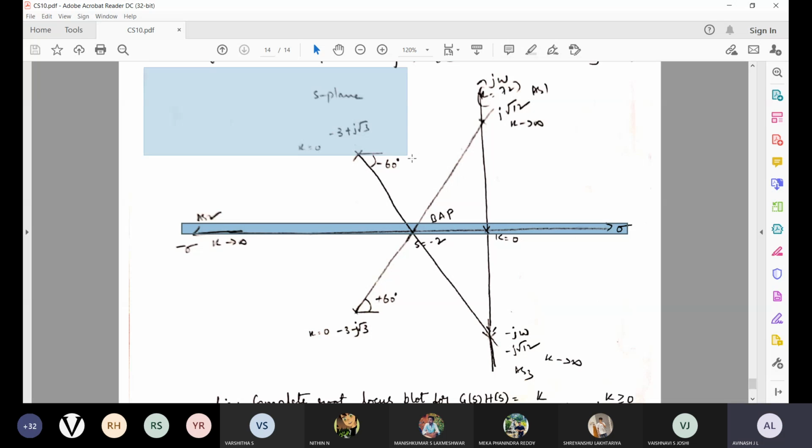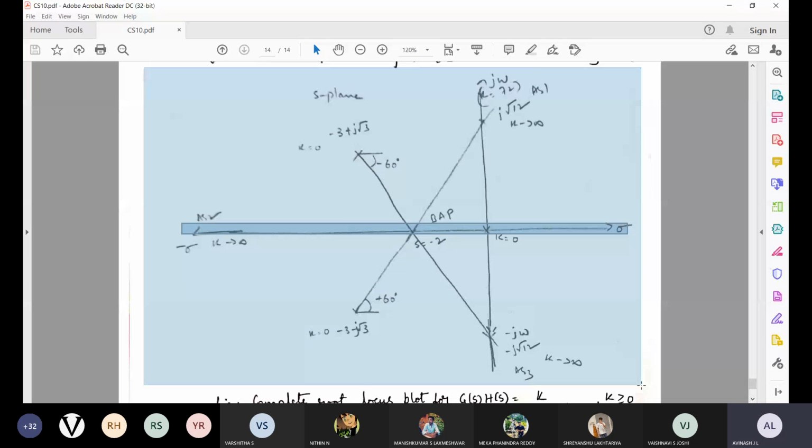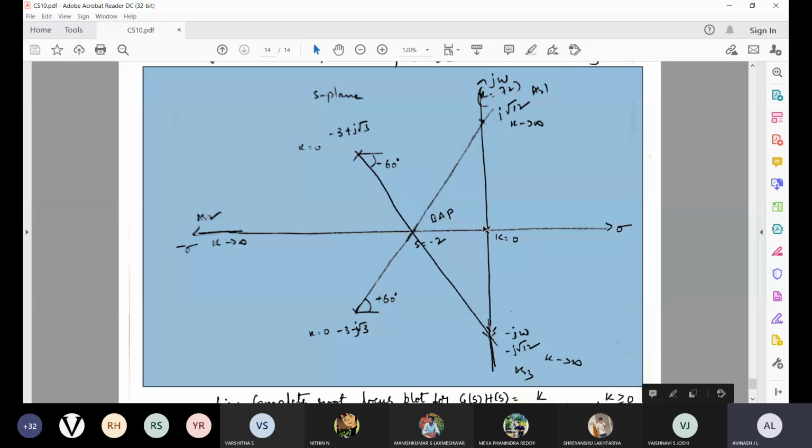If this is the S-plane, regarding the pole positions, one pole is at the origin, that is k equal to 0. So this is the origin pole.